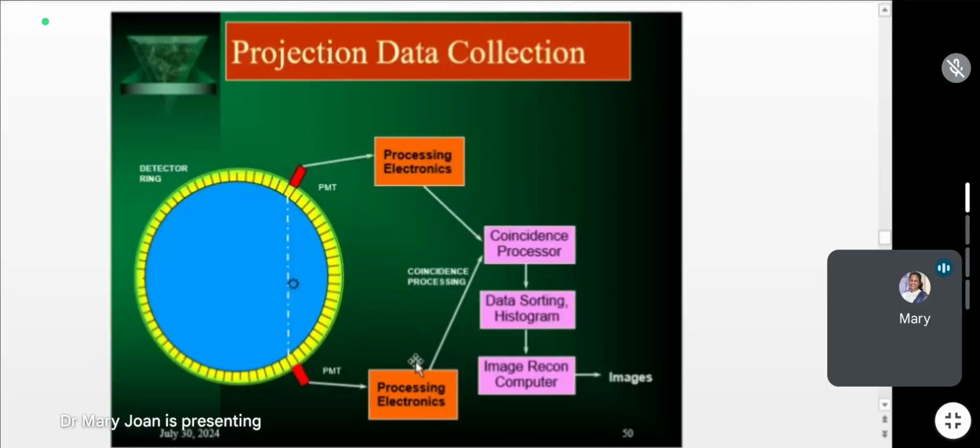So how is the projection data collection done? From the detector, there is the annihilation and detection at these two, which are 180 degrees apart, and the photomultiplier tube detects the light photon.